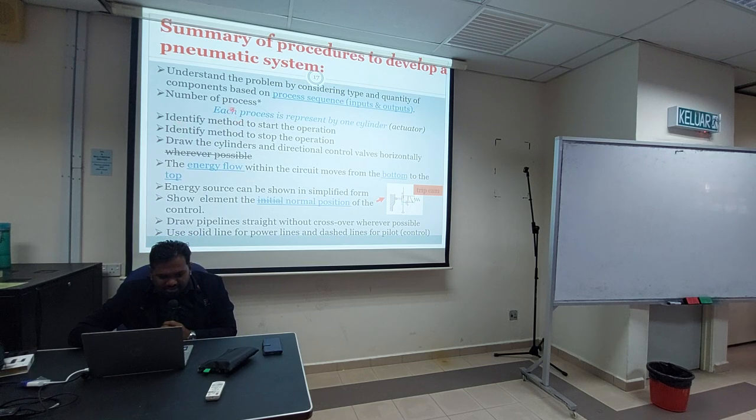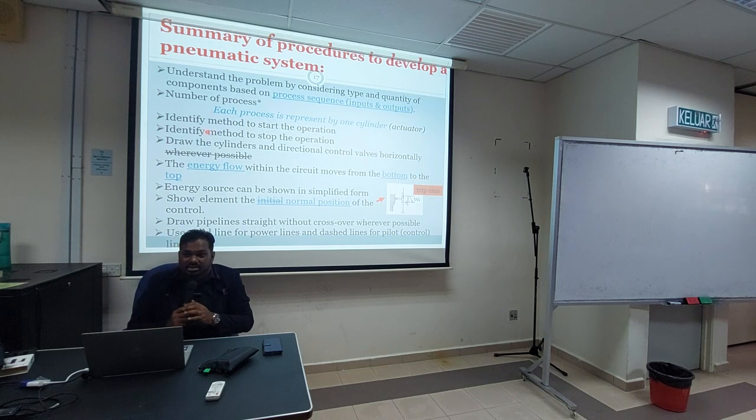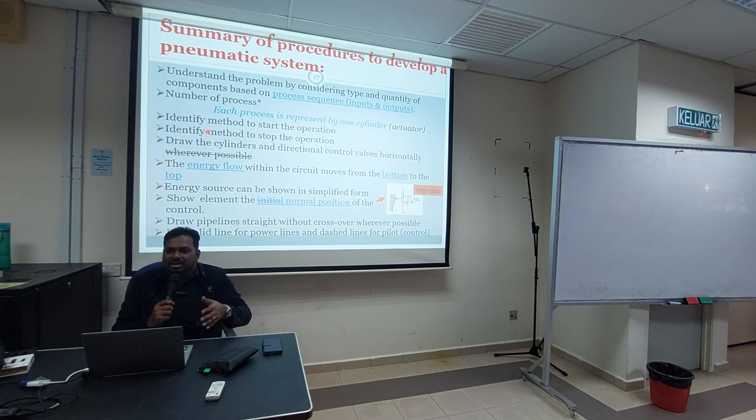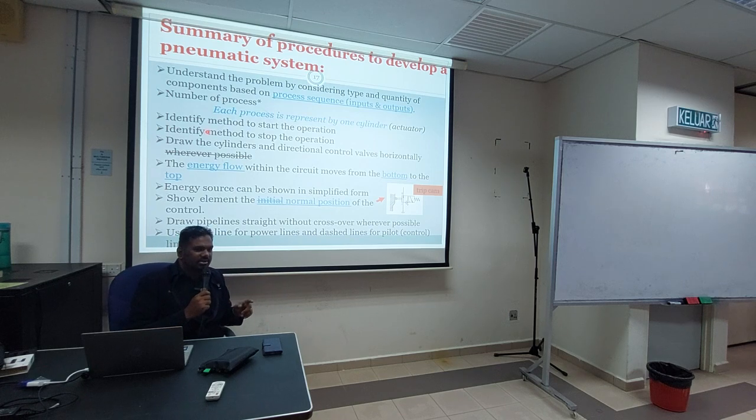Okay, then we need to identify the method to start the circuit. So circuit selalunya kita akan ada something manual. So that's the part of the operator lah. Operator selalunya akan start the button, baru your automation akan buat semua benda kan. So similar. So how you want to start the circuit?